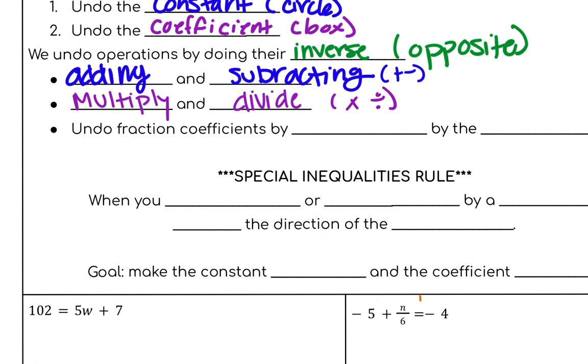All right, so then there's a couple extra special rules. So what if I have a coefficient that is a fraction, so like 3/4 x? Okay. We undo fractional coefficients by multiplying by what is called the reciprocal.